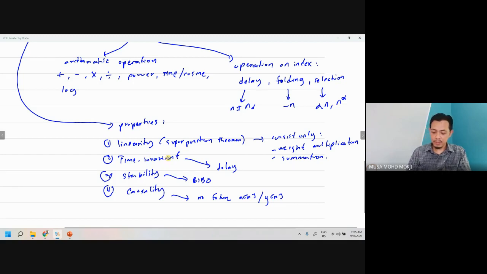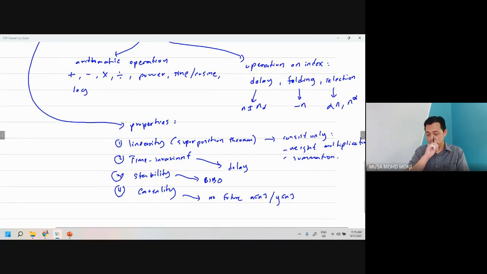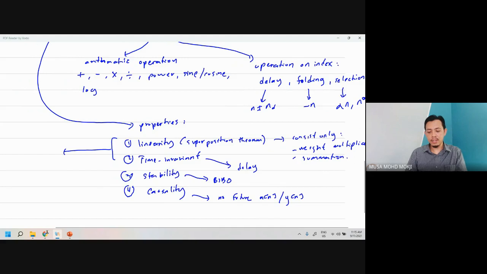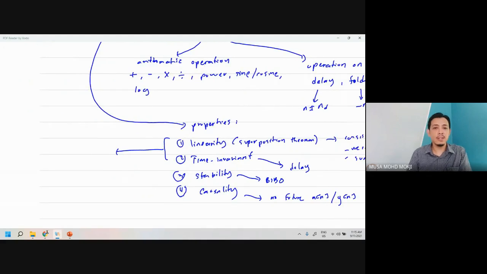That one is in week 2. Then we go for something very specific. When it is linear and when it is time invariant, this becomes a very special system. We call it LTI system.